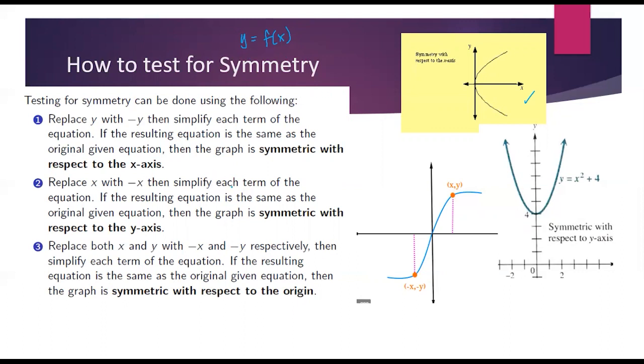If nothing has changed in the given equation, then we can say that the graph is symmetric with respect to the origin. One particular example is this. So this is the origin. As you can see, it divides the curve into two equal parts.